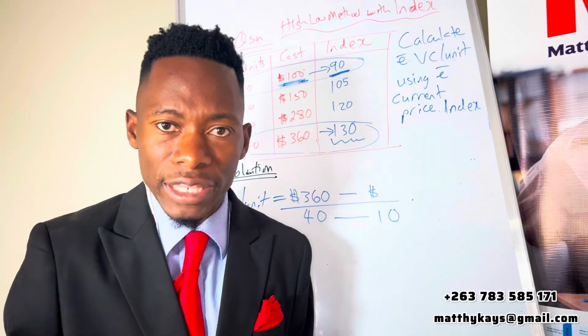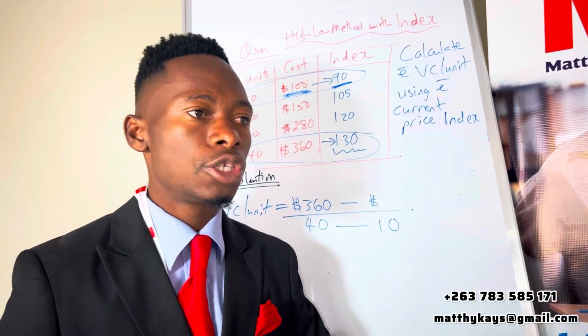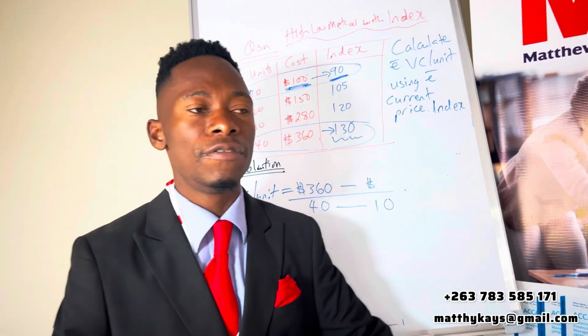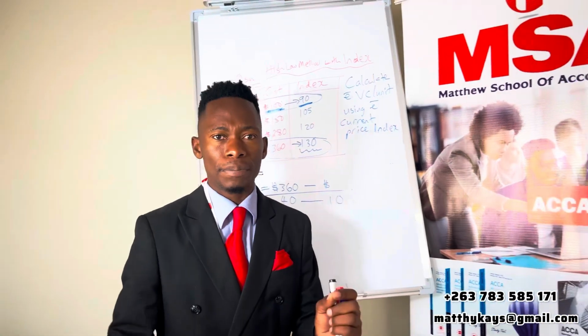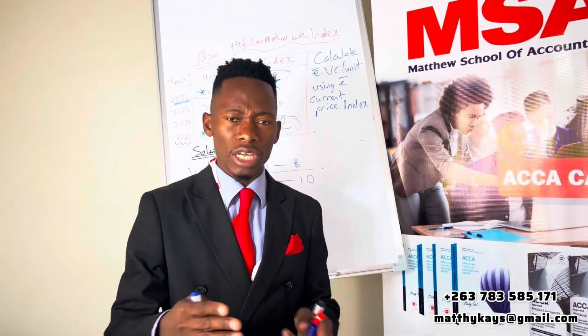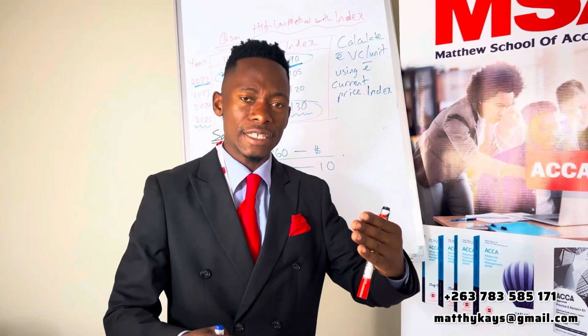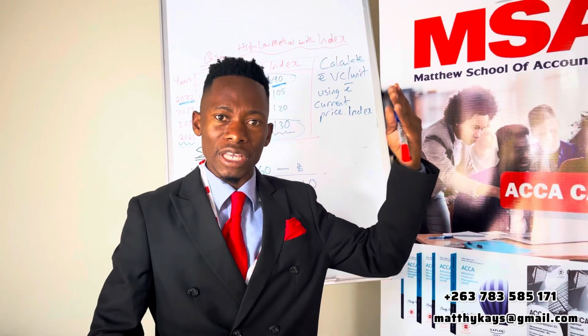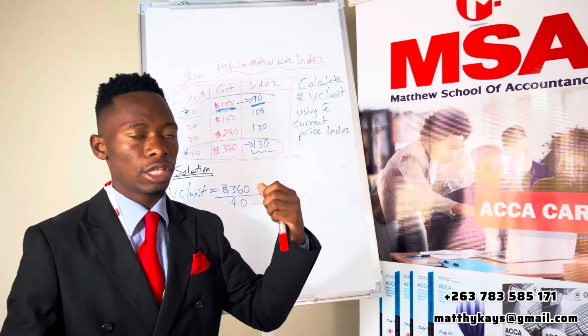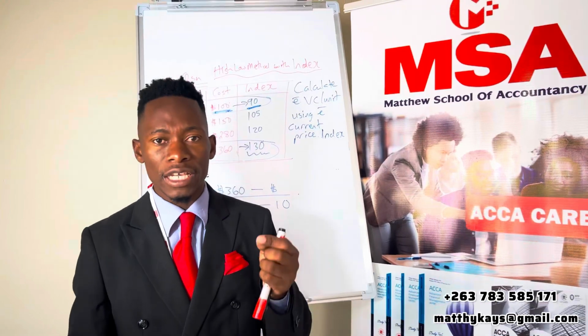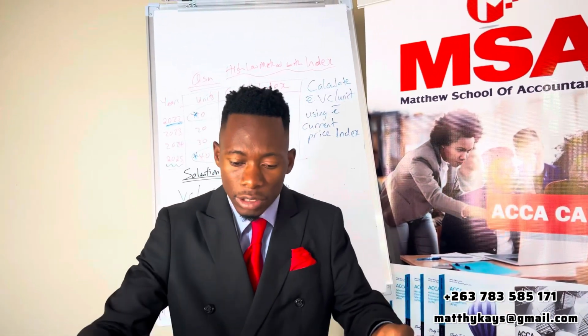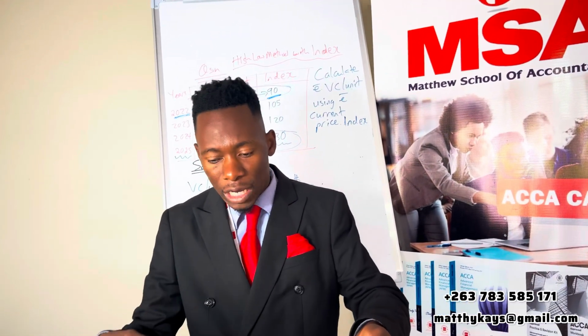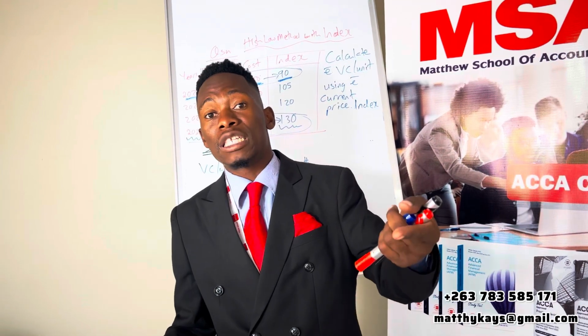But when we are looking at the index, I want you to understand this. When we are talking about the retail price index, if the index is higher, it means the prices have increased. We look at the inflation. So if the index is higher, the price will be increasing. So looking at our question, in 2022, the index was 90. But right now in 2025, the index is 130, which means the prices have increased.